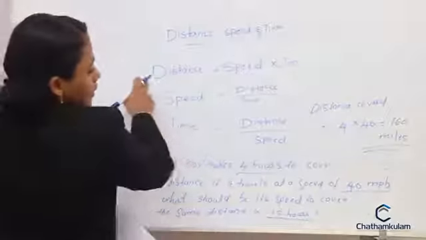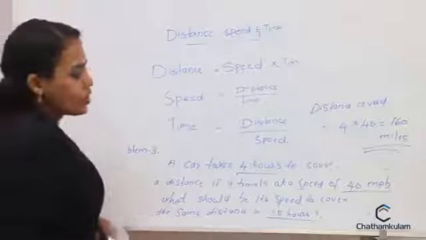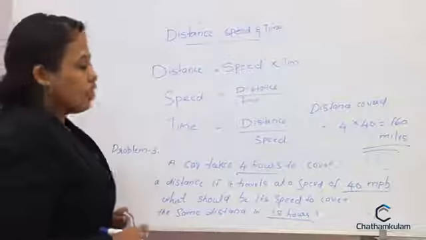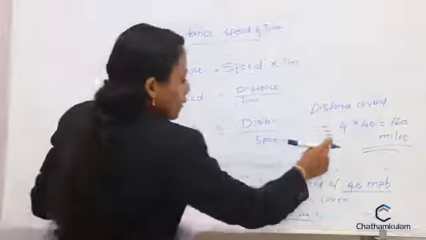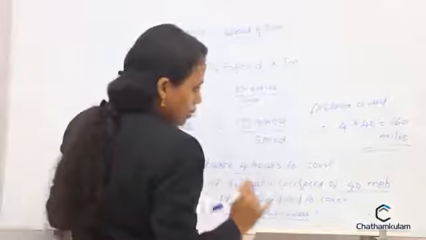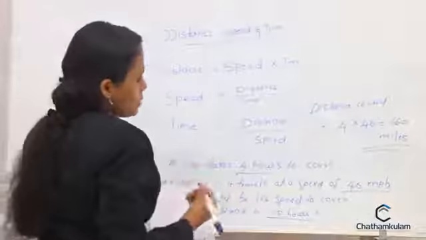So this is how we put the equation for speed into time, the speed and the time to get that particular distance. So we get the distance covered as 160 miles.